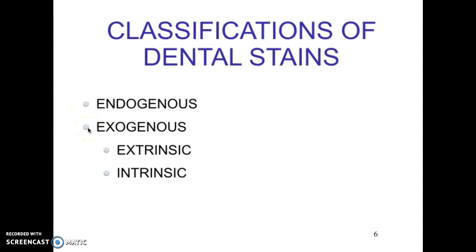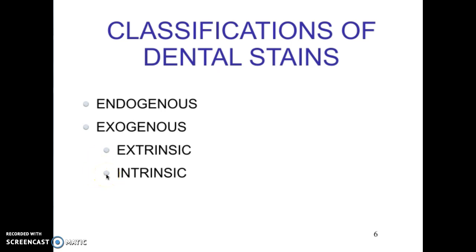Exogenous stains occur after the tooth has developed, and they can either be extrinsic on the surface of the enamel, in which case they are removable by coronal polishing, or intrinsic, they're in the tooth structure and cannot be removed. So extrinsic stains would be your very common yellow stain, green stain, black line stain, tobacco or brown stains, orange stain, quite a bit of different stains that can be removed by polishing.